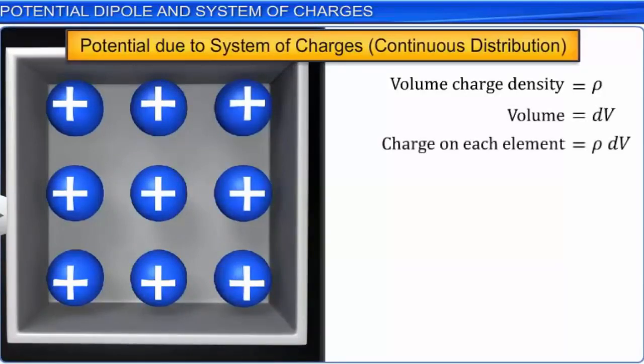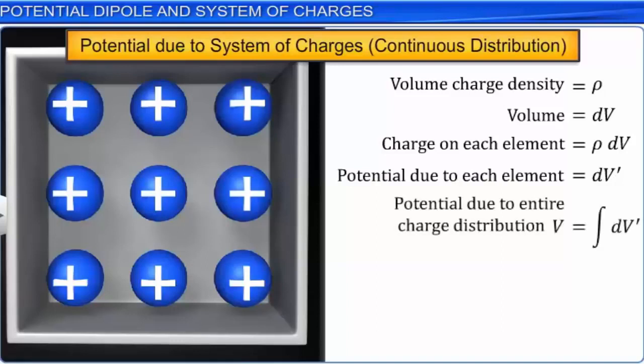Then we find the potential due to each such volume element, say dV'. Then the potential V due to the entire charge distribution is obtained by integral dV', since this gives the sum of potentials over all such distributions.